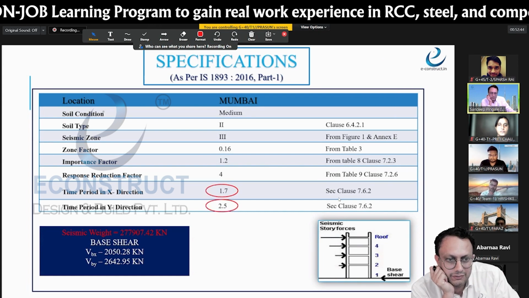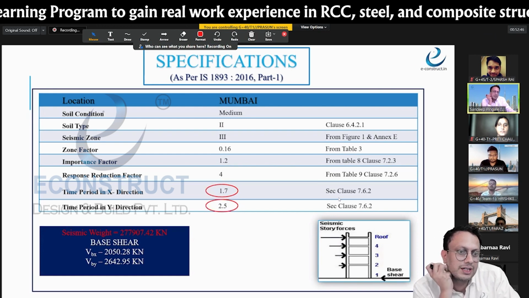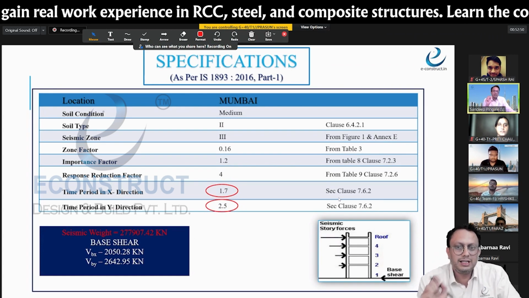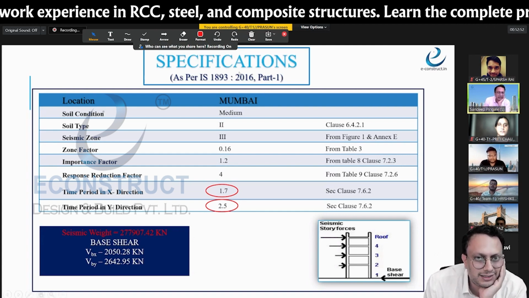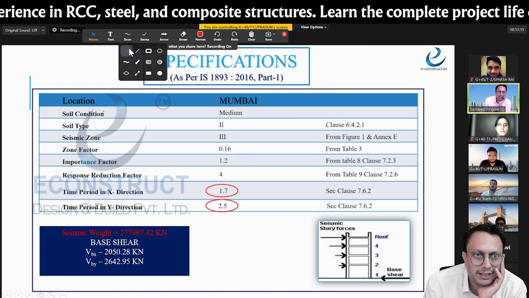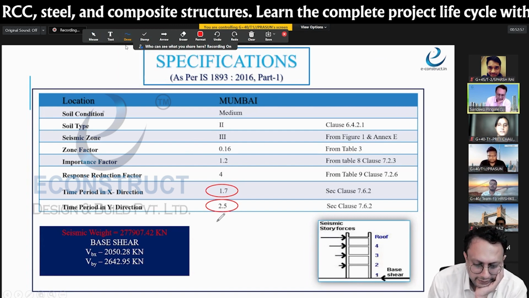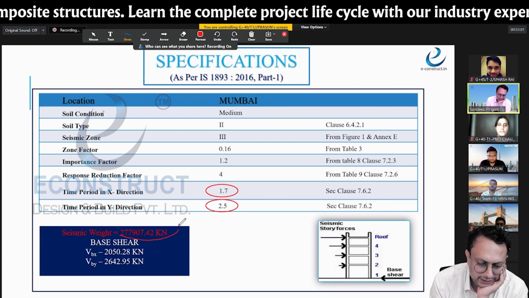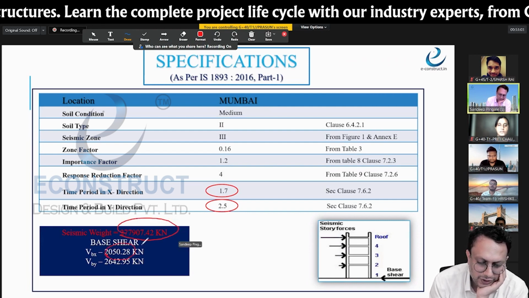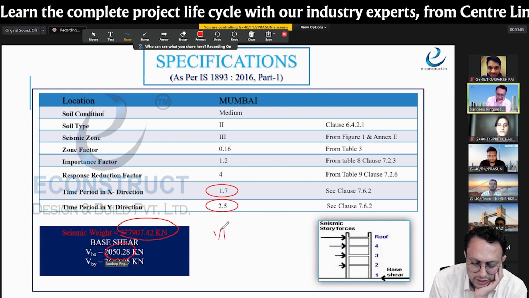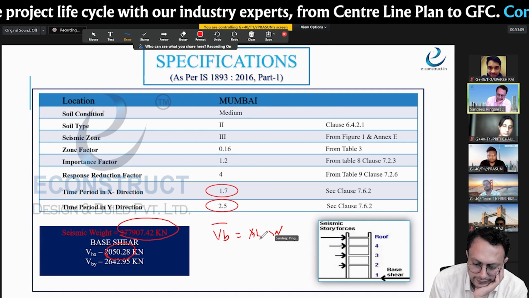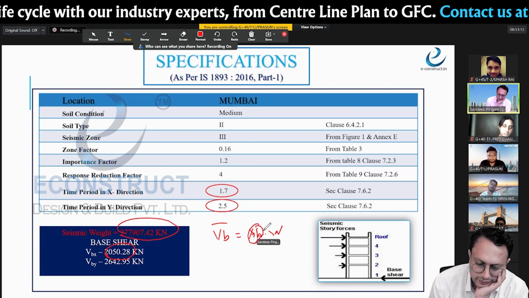So the time period you are given. Base shear is 2000 and 2600 kilonewton. Are you sure this much only you are getting? See, if you are calculating it like this, I would suggest Prasun and all other guys that whenever you give the seismic weight, don't give only that. Yes, this is the seismic weight and this is the base shear. So how much percentage? So VB is equal to Ah into W, right? So how much is the Ah value?